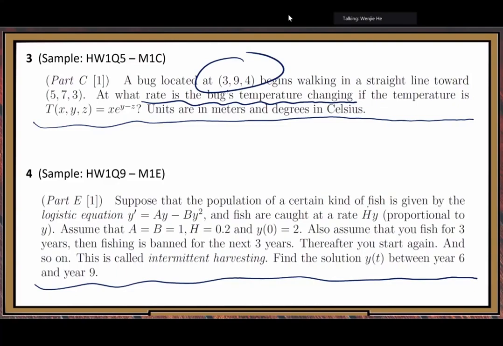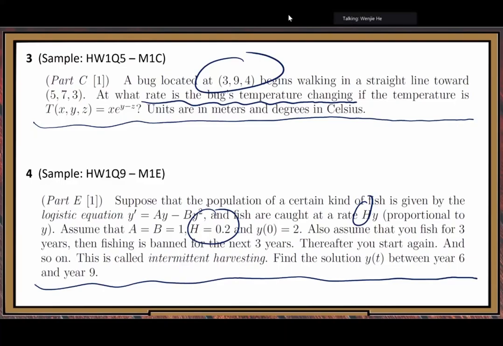a fish catching constant H. For catching fish, there is an H constant. It determines how much amount of fish are allowed to be caught.